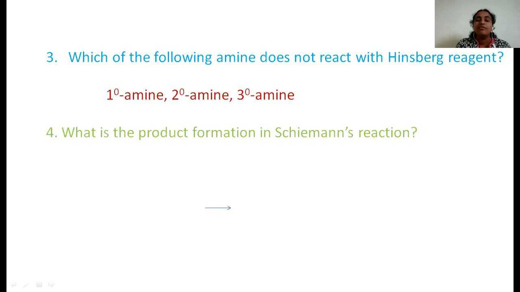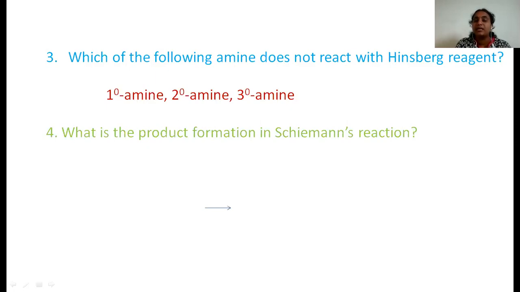Next question, which of the following amines does not react with the Hinsberg reagent? As we all know, the Hinsberg reagent is useful to distinguish whether a given amine is a primary, secondary, or tertiary amine. The Hinsberg reagent, which is benzene sulfonyl chloride, reacts with the primary amine, which further reacts with the base and produces a salt. The secondary amine also reacts with the Hinsberg reagent, but the product won't react with the base.